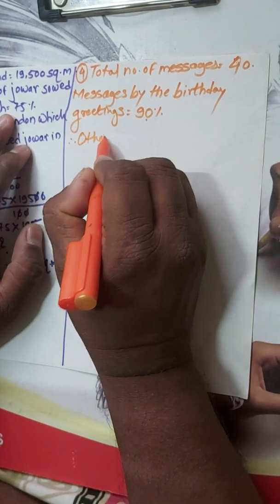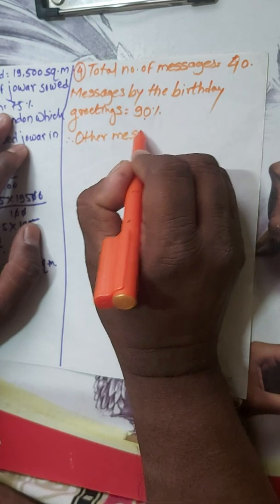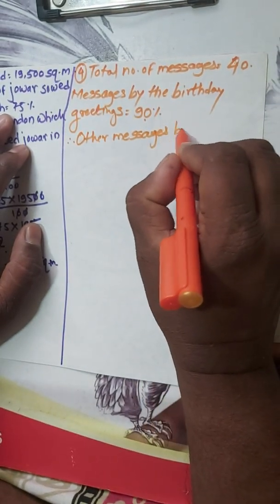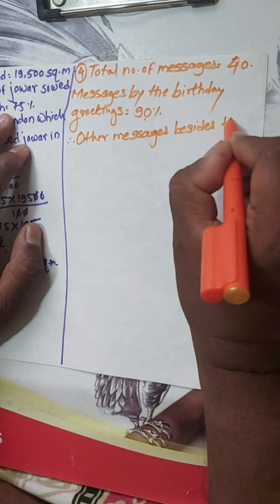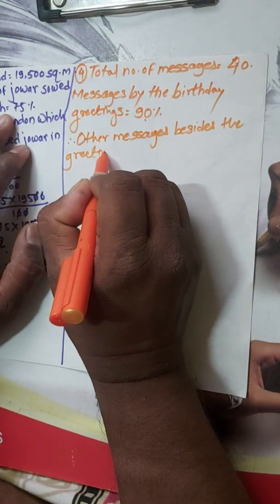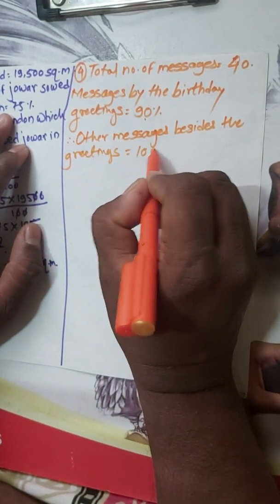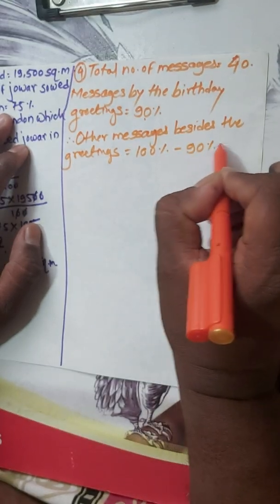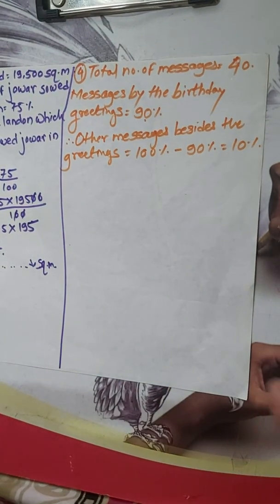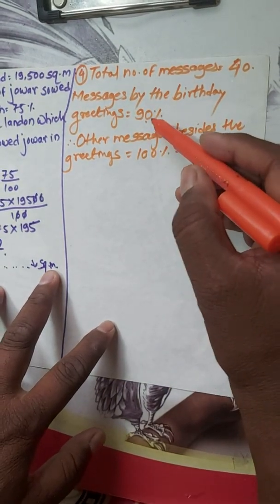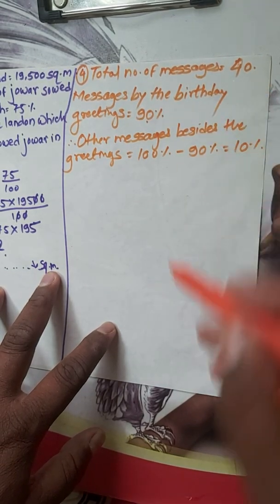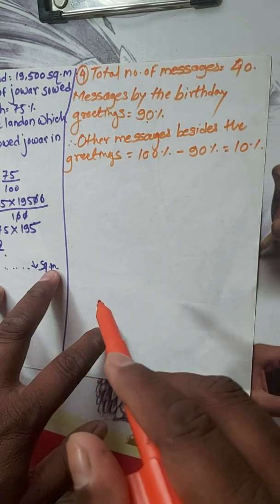So other messages besides the birthday greetings: 100% minus 90% is equal to 10%. Okay. So now we have 90% of birthday greetings messages and 10% of other messages, means apart from the birthday wishes.